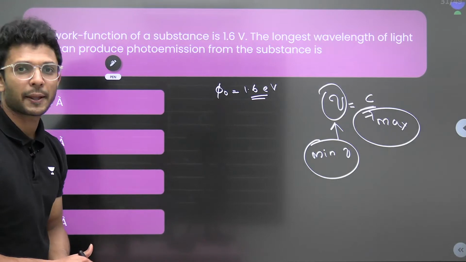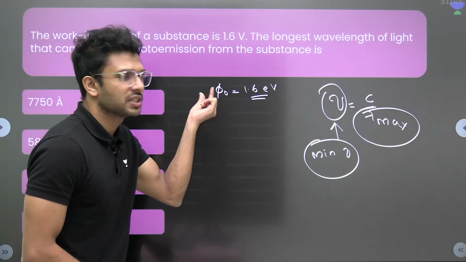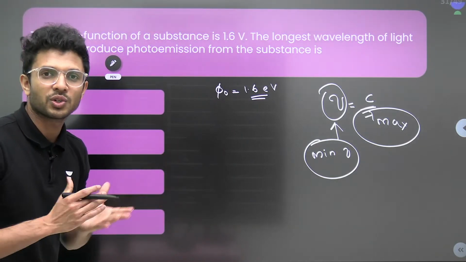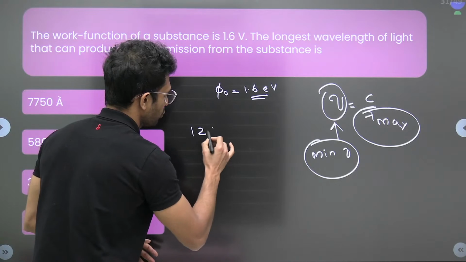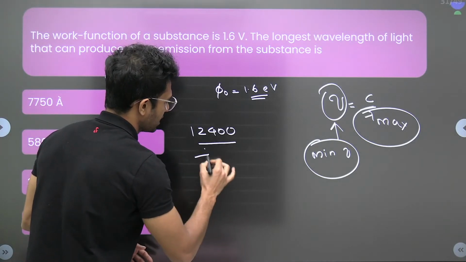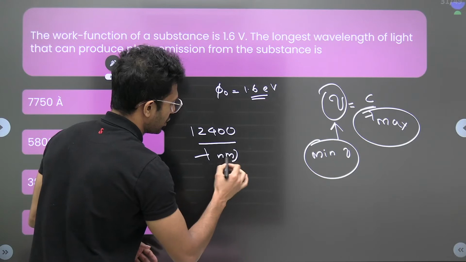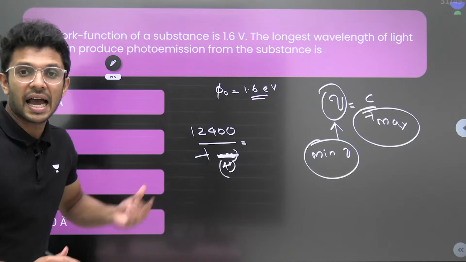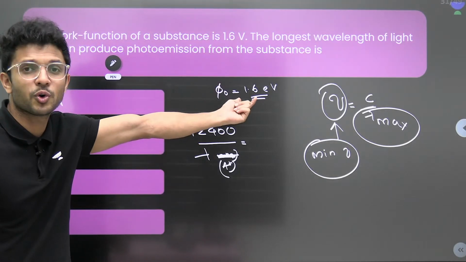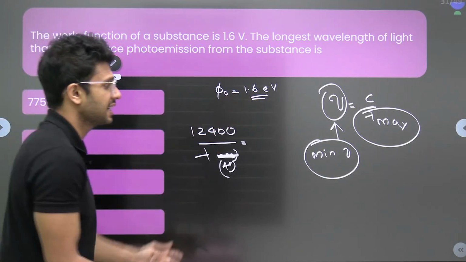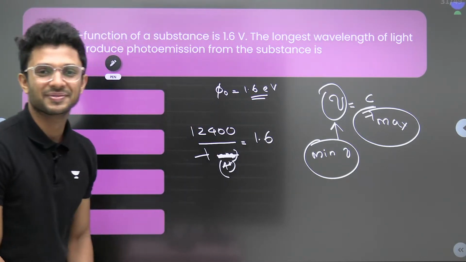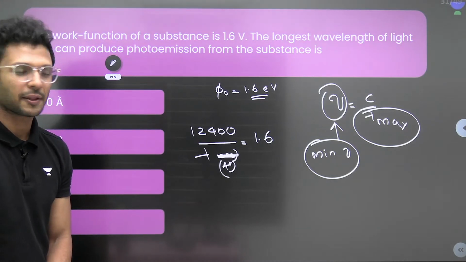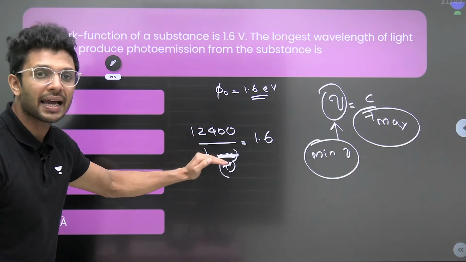How will we find that out? Okay. We know the equation to find the energy in electron volt. What was it? 12400 divided by wavelength in Armstrong is equal to energy. And how much energy has to be given for the electrons to get emitted? 1.6. Okay, that's it. 12400 by lambda.